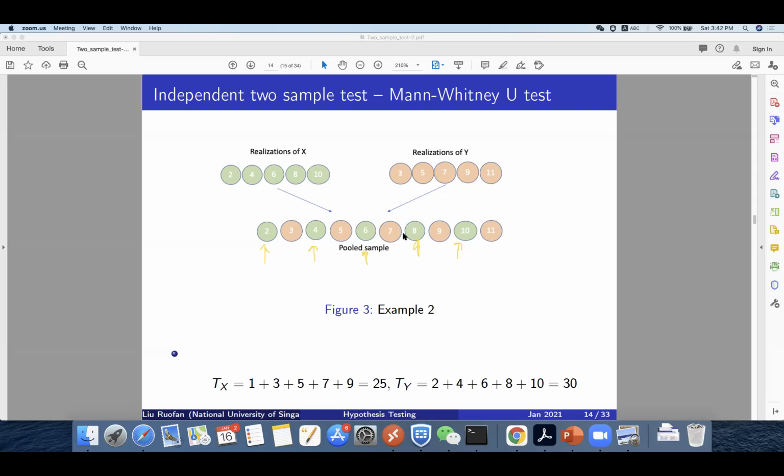When we do Mann-Whitney, we do not assume normal. Yes, so you can only tell that they are from the same distribution. Also, you cannot tell what type of distribution. But that's not our focus.